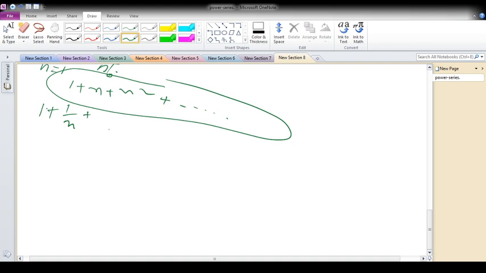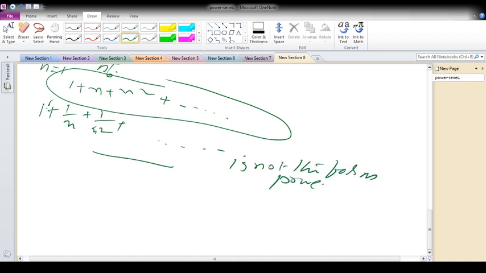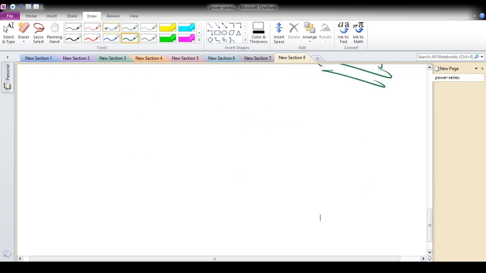But 1 plus 1 by x plus 1 by x square plus, these negative powers are not the form of a power series. This is the important thing. And a_n should be independent of x.